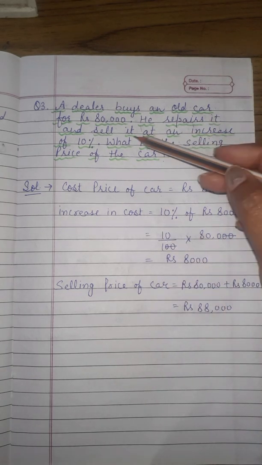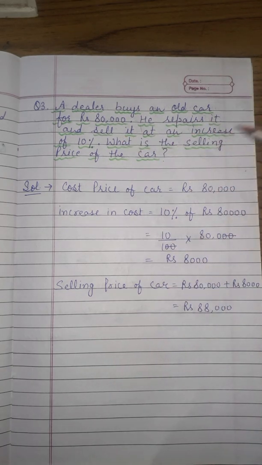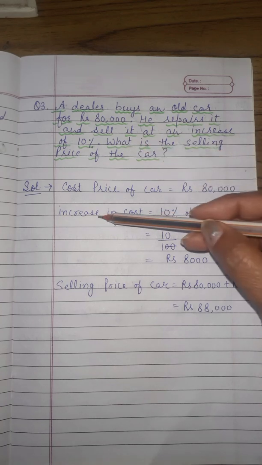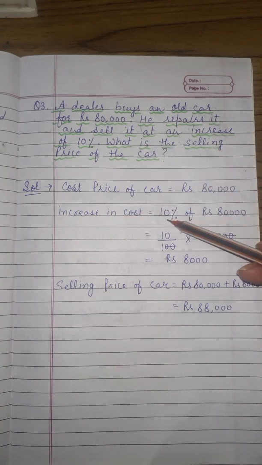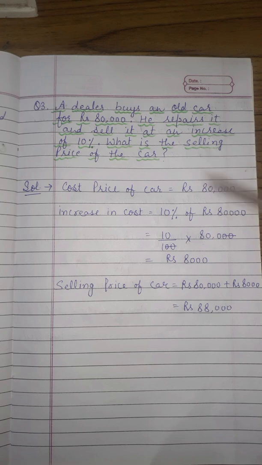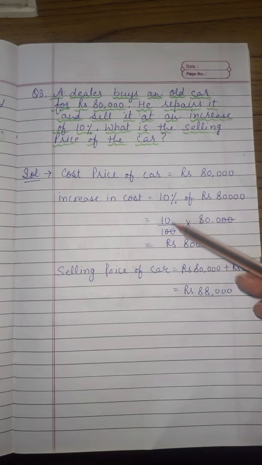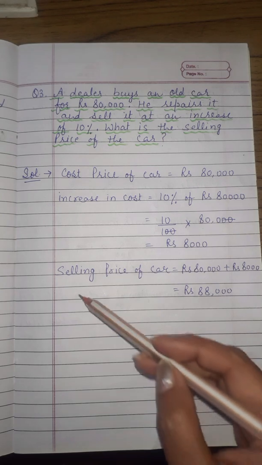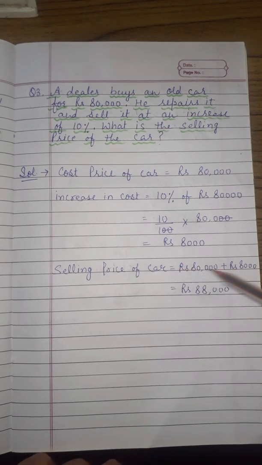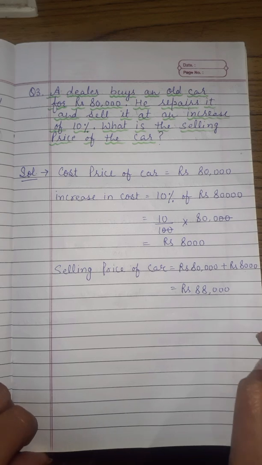He sold it at an increase of 10%. So the increase in cost is 10% of rupees 80,000. When we solve it, we will get 8,000. So 8,000 is the amount which is increased. Now the selling price of the car is 80,000 plus rupees 8,000, that is rupees 88,000.